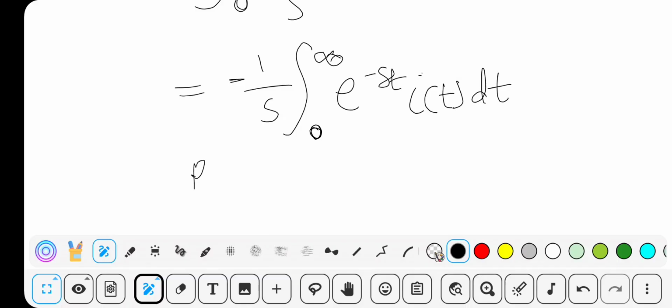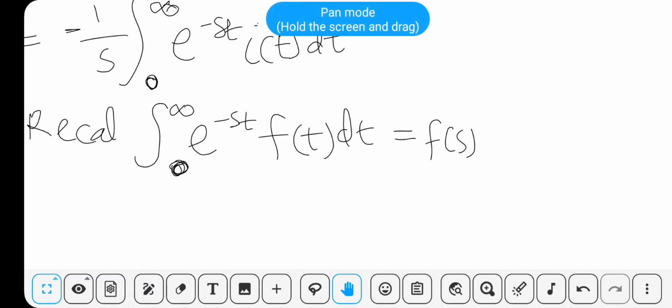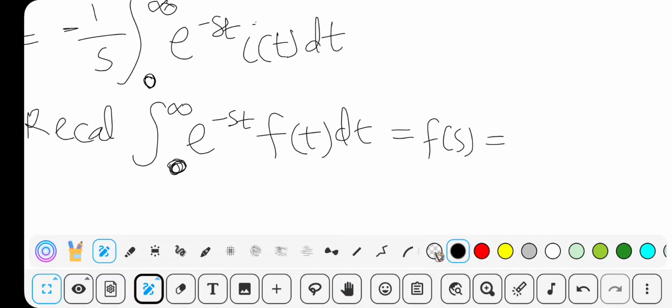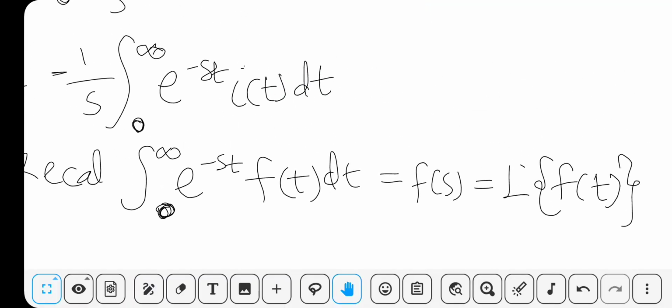Recall what we said before: this is equal to F(s), which is also equal to the Laplace transform of f(t). But now in this case, we have i(t).